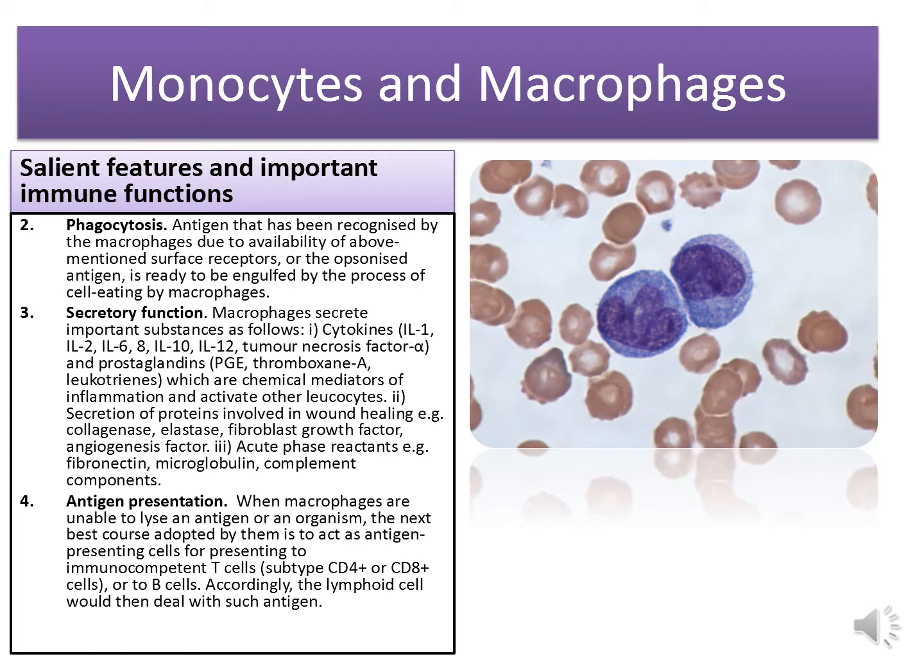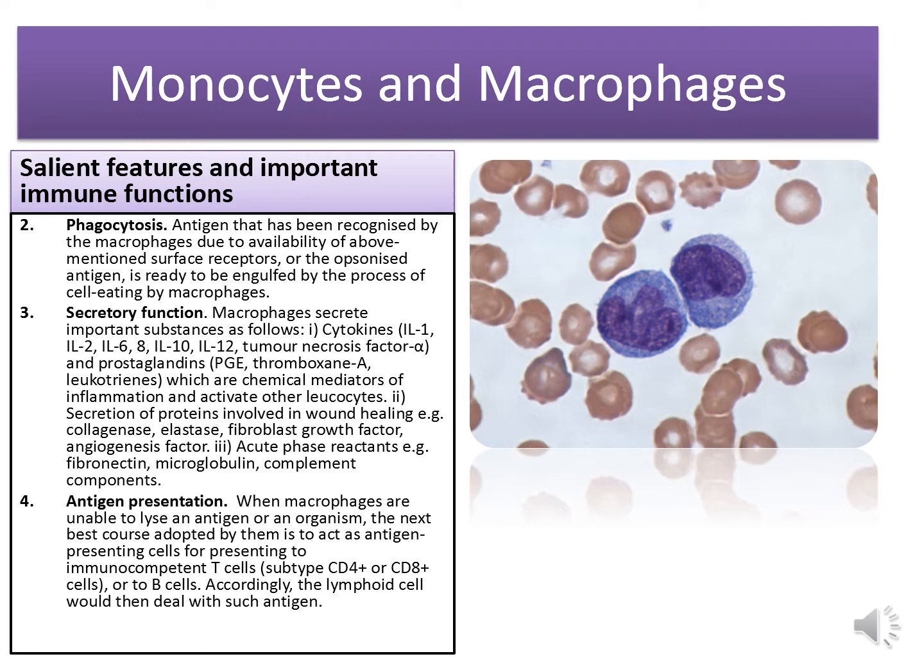Macrophages secrete important substances like various cytokines and prostaglandins, which are chemical mediators of inflammation and activate other leukocytes. They also secrete proteins involved in wound healing, like collagenase, elastase, fibrillase, growth factor, angiogenesis factor, and others. Acute phase reactants like fibronectin, microglobulin, and complement components are all involved in inflammation.